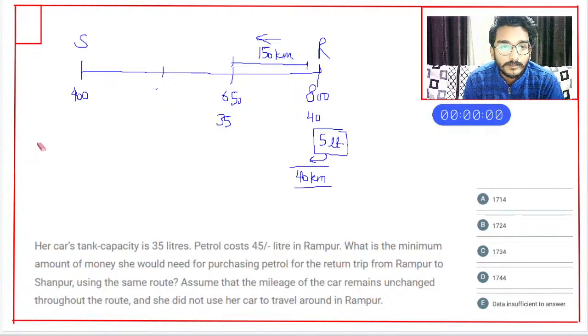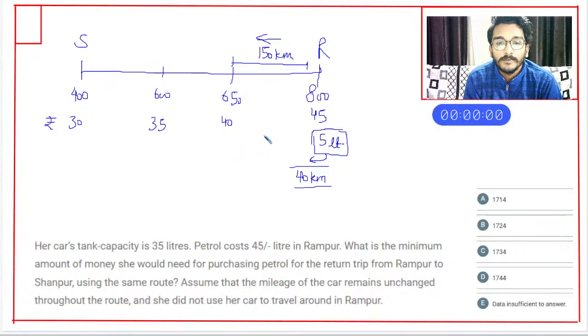The costs were 30, 35 and 40, and here it is given as 45 rupees. So she has to buy. So let's just buy. How much does she require?